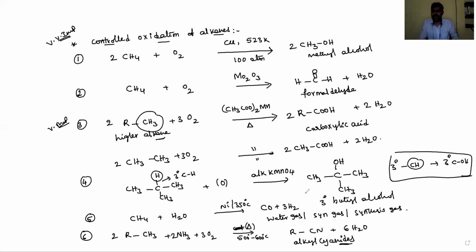Next important chemical properties of alkanes are isomerization, aromatization, and pyrolysis reactions of alkanes. Okay, let's see, dear students. The next one is isomerization of alkanes. In this isomerization reaction, the catalyst, this point is very, very important, is AlCl3, aluminum trichloride, dear students.